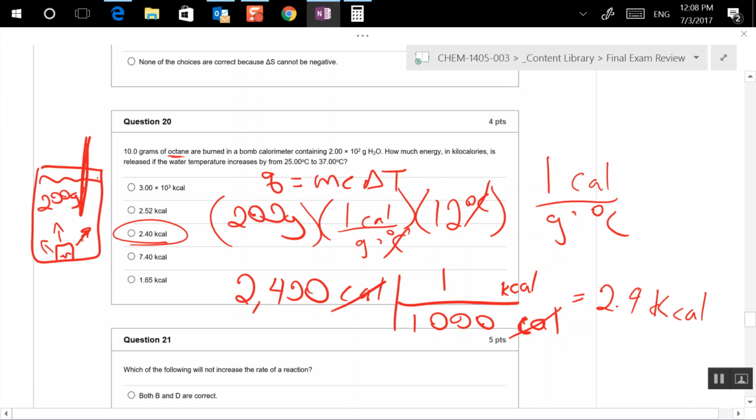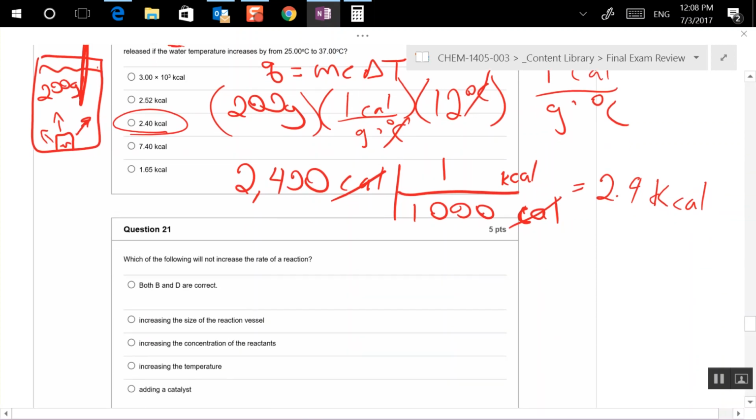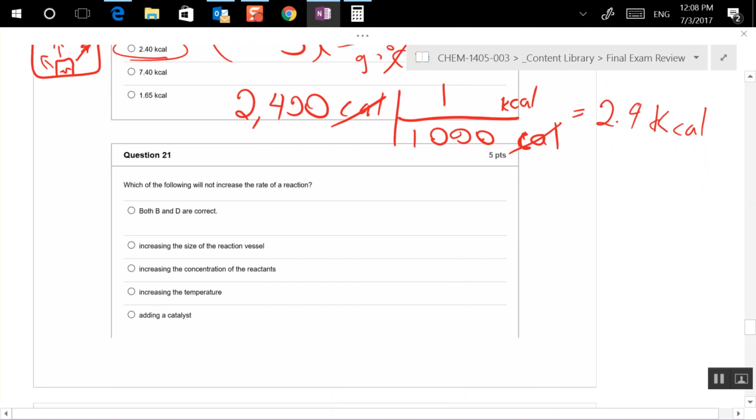Does 21 go with question 20? Which of the following will not increase the rate of a reaction? No. They're not related. Okay? Now, I know that can be kind of confusing, but if you ever see something like this, the problem is that Canvas mixes all the answer choices together.